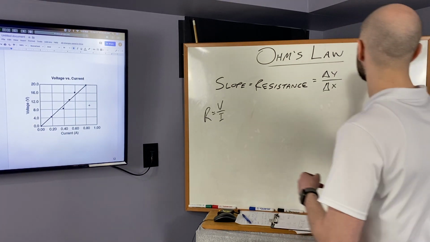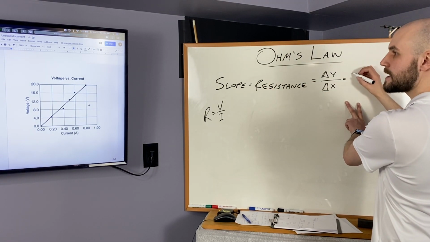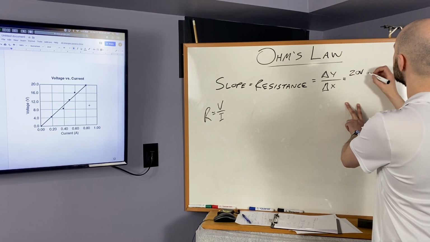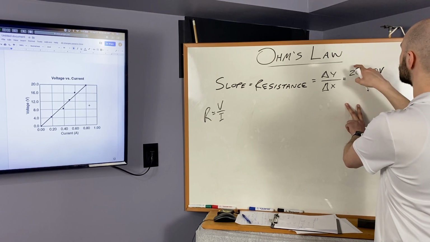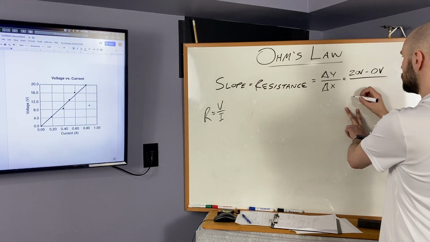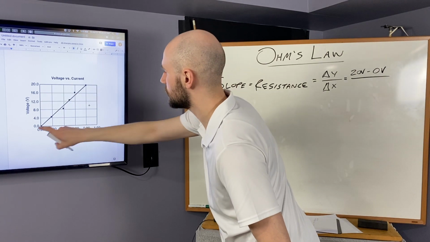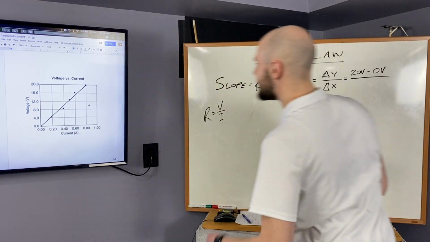Okay, so for the change in y, let's go through those two endpoints. We have 20 volts subtracted by 0 volts. That's y2 minus y1, over x2 minus x1. For x2, the current, it is 0.8 amps.